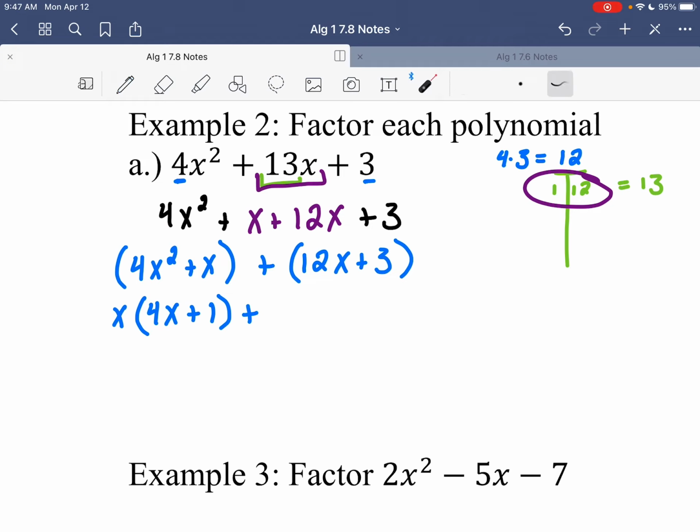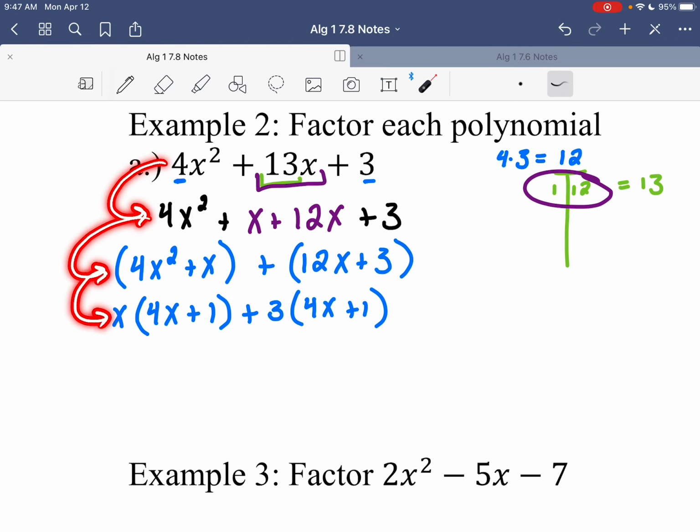Out of these two, 3 goes into both, so we'll factor out a 3. 3 times 4 gets me the 12, then the x, plus 1 again: 4x plus 1. If I distribute this back in, will I get back to here? Yes, I will. So these are equivalent, meaning they're equal. You want to make sure you're equivalent as you work your way down.